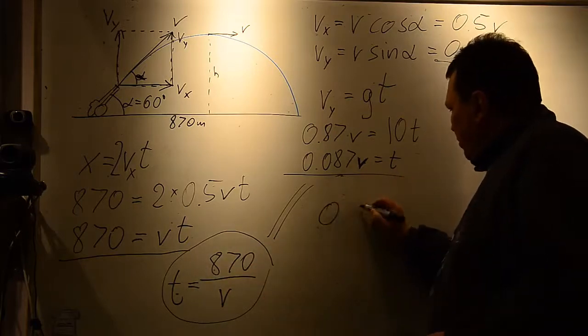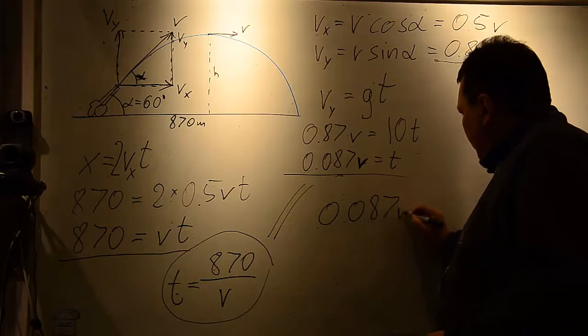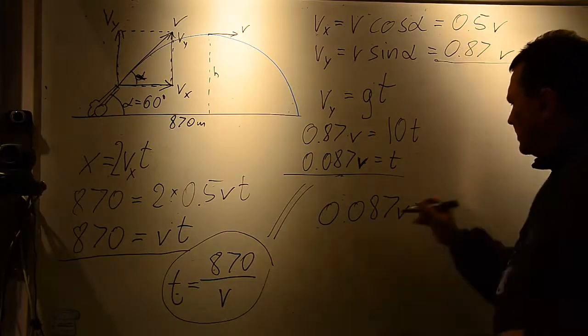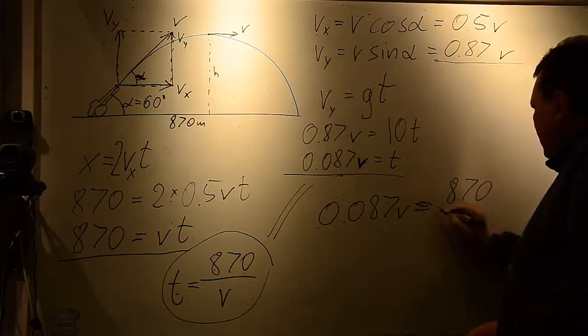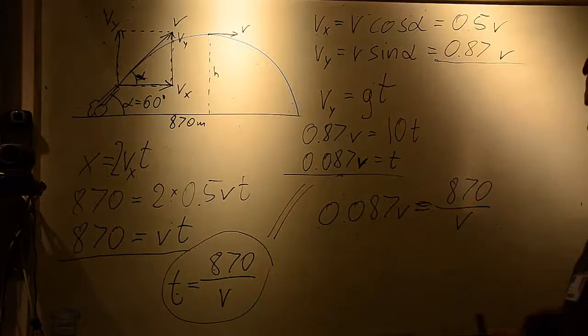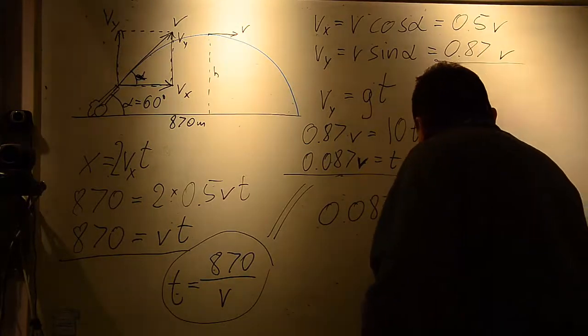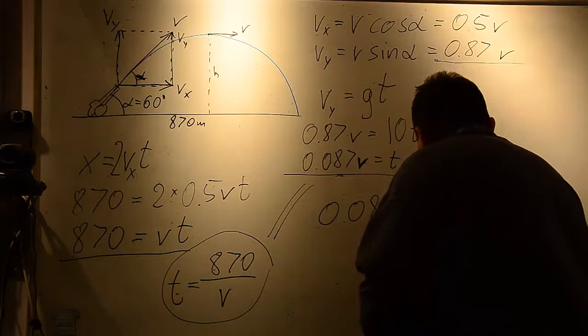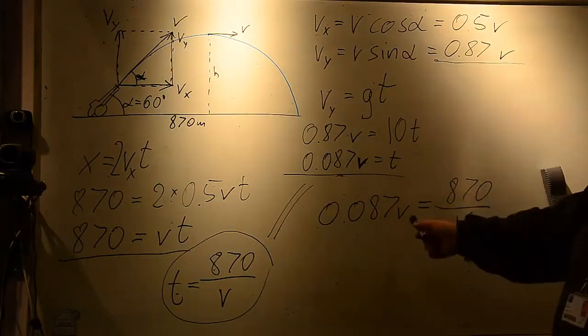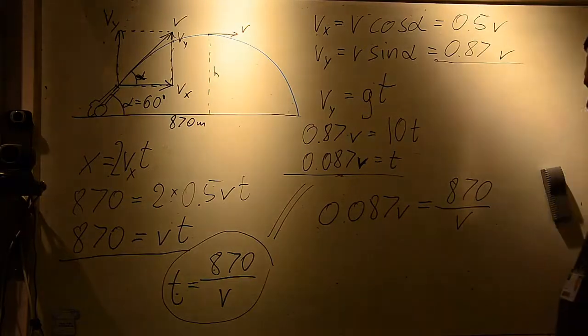What I get is 0.087v equals this thing, 870 over v. And now I have one formula. This is equation mark. I will make it pretty. This is a single formula, one unknown, so it's not particularly difficult to find the value.